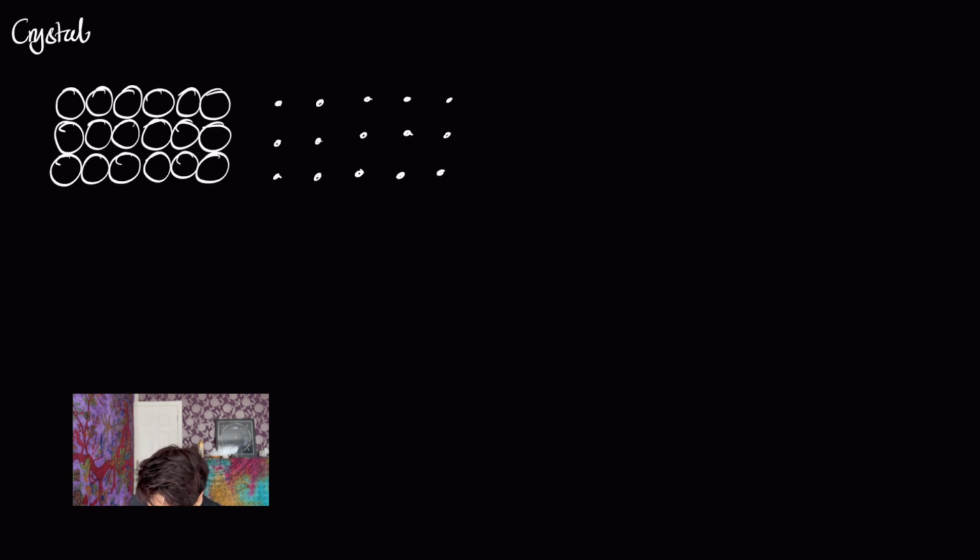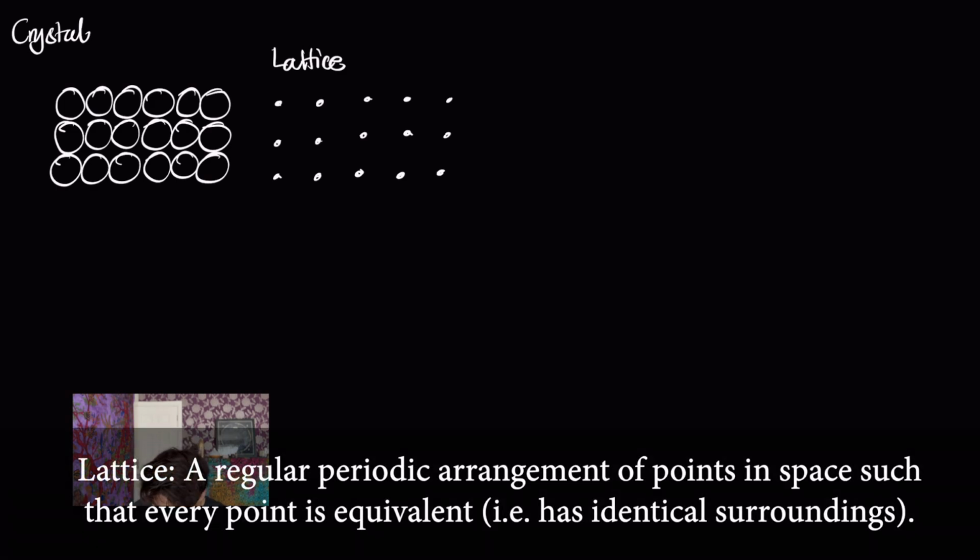And these right here are referred to as lattice points. So a lattice point, this would be an individual one, is a position in 3D space where an atom is attached, you can think of it. And this whole array is generally referred to as the lattice structure, or just the lattice, essentially.